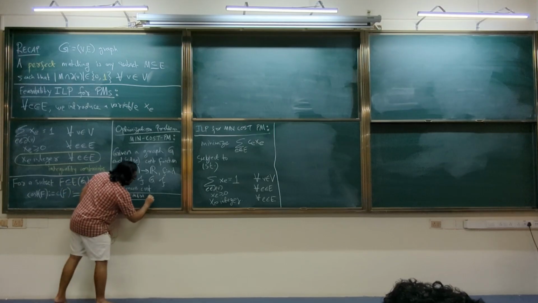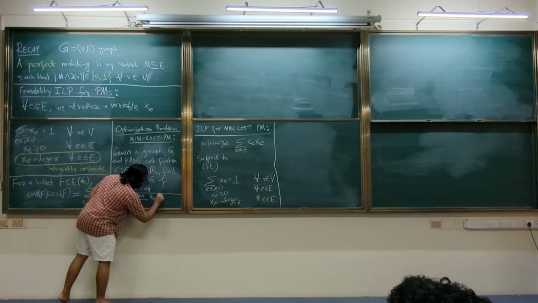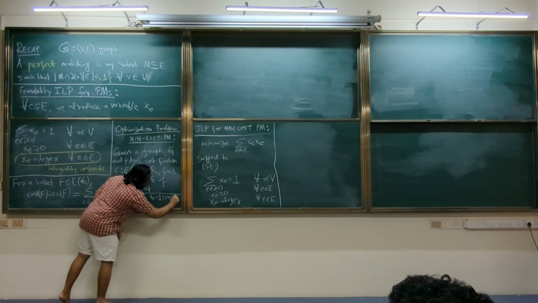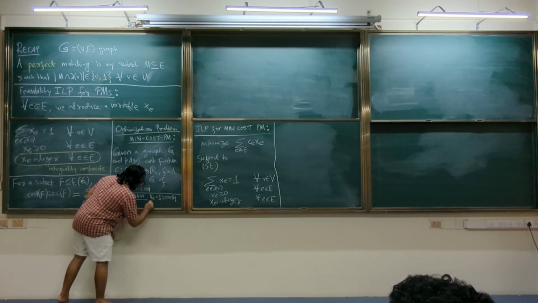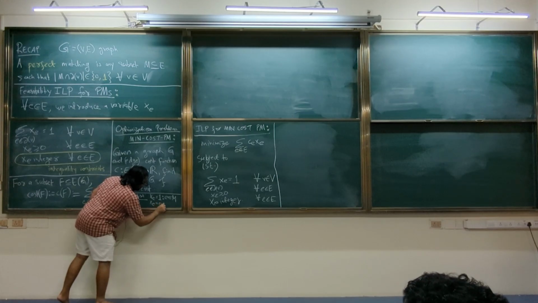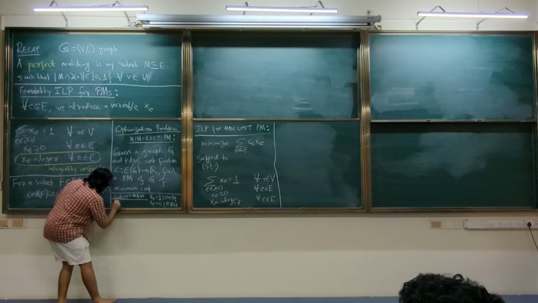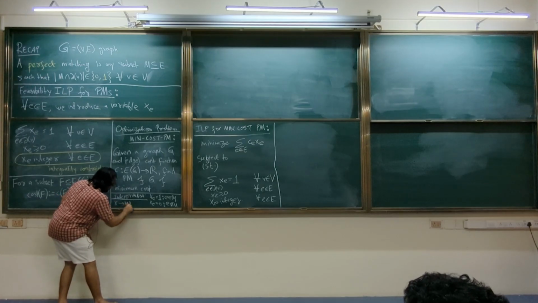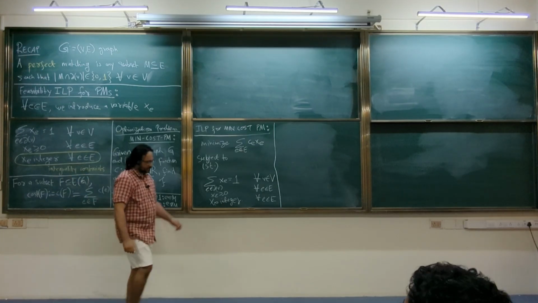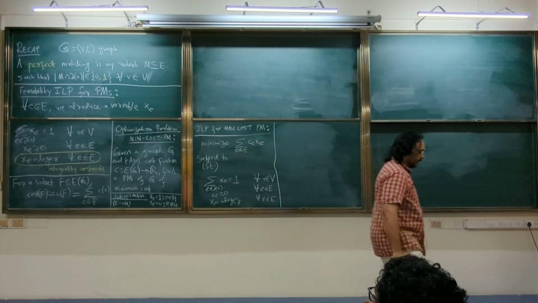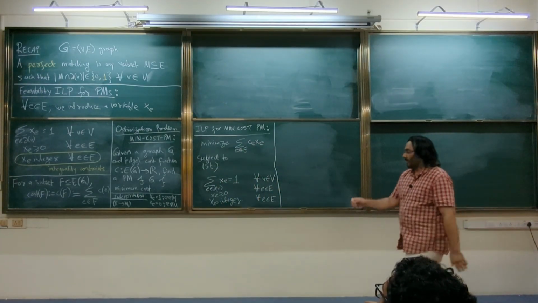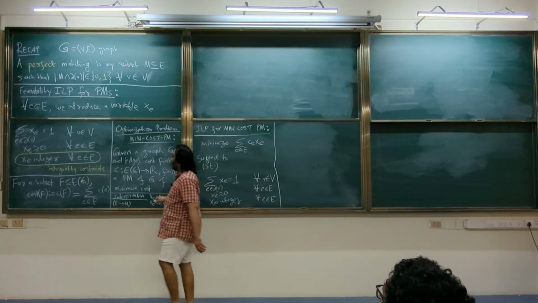So the interpretation is x_e equal to 1, we interpret that as e belonging to the set M, and x_e equal to 0, we interpret that as e not belonging to the set M, where given an x, we get an M as follows. The x is the solution to the system, and what we have just defined here is a perfect matching.